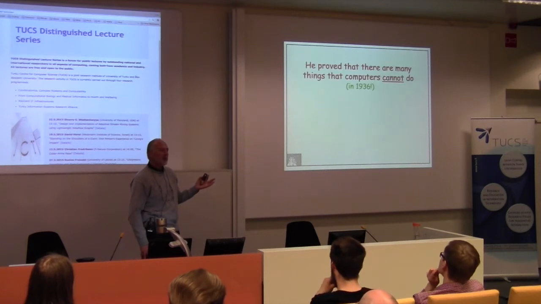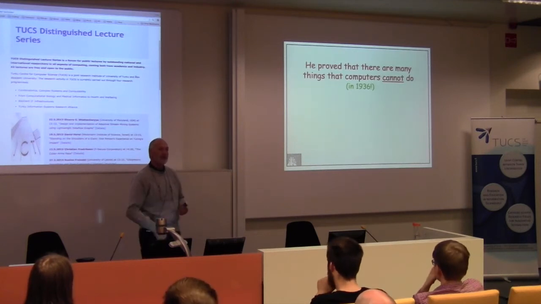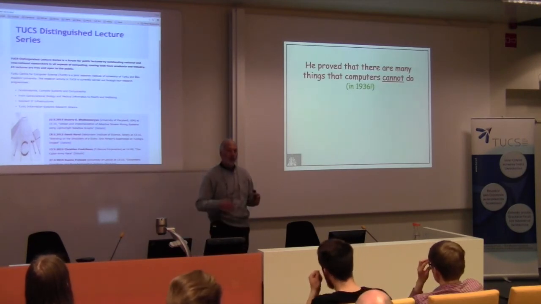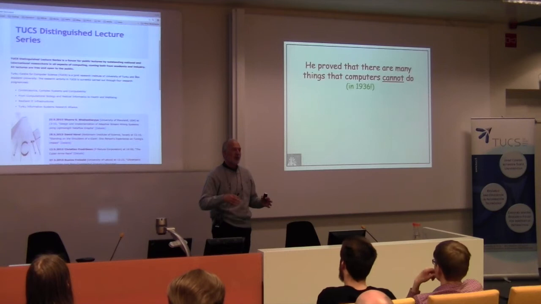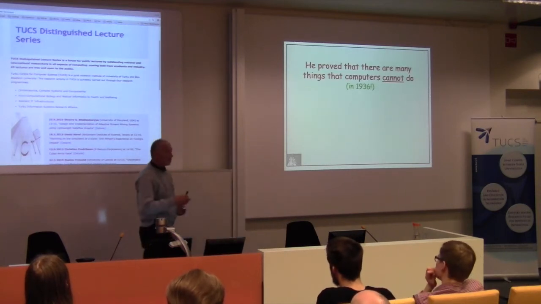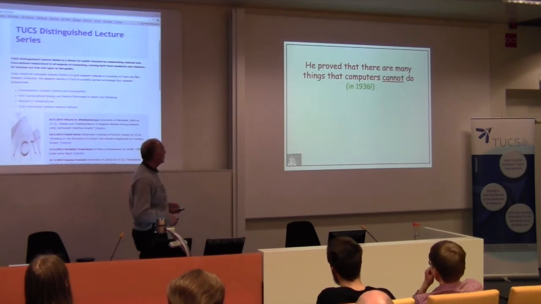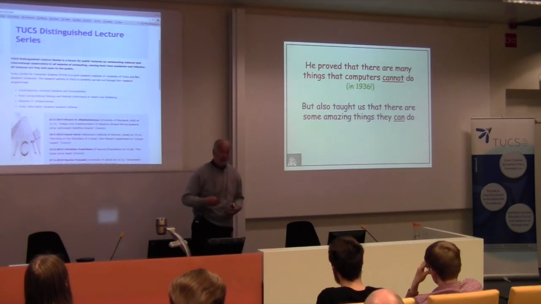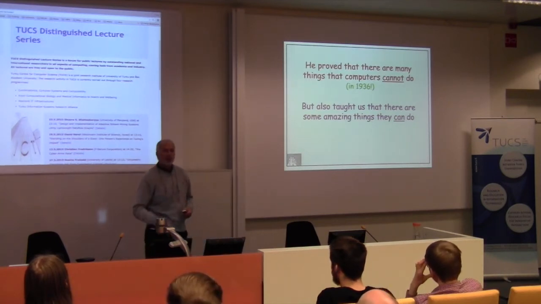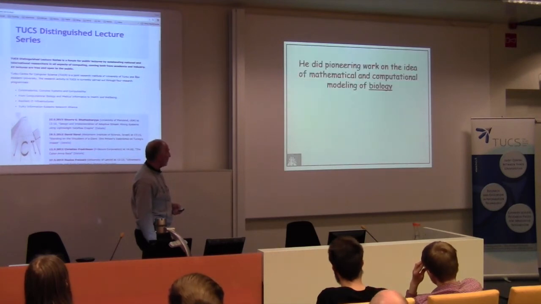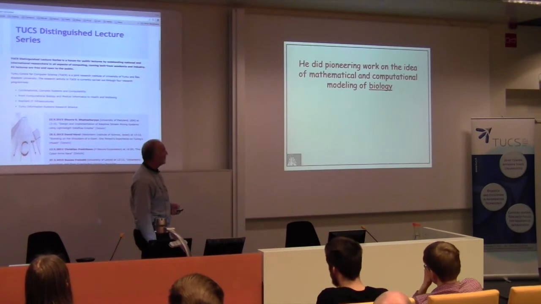And yet Turing and other people around the same time, Gödel, Post, Church, were able to put absolute limitations on what computers will be able to do even in the future. And this is really maybe the most remarkable thing about Turing's career. But on the other hand, he taught us that there are some amazing things that computers can do, for example, again, breaking the Enigma and other things which we'll get to. So that's the other point: limitations versus lower bounds versus upper bounds.